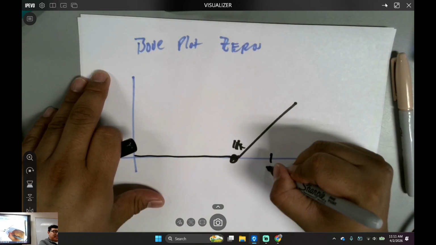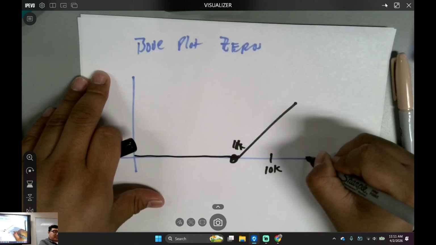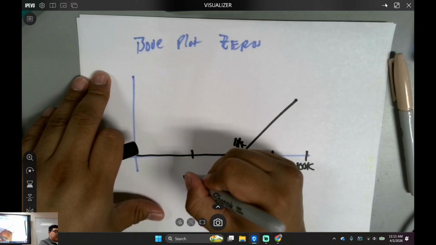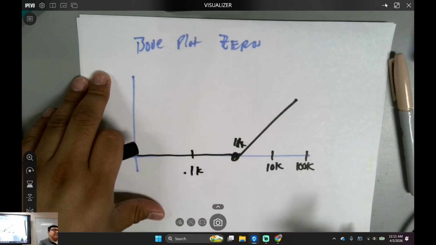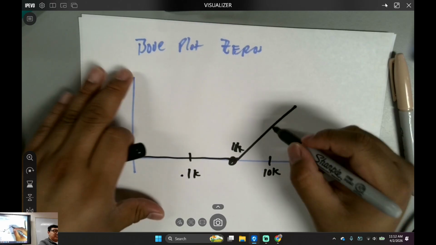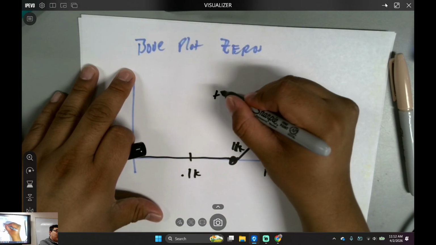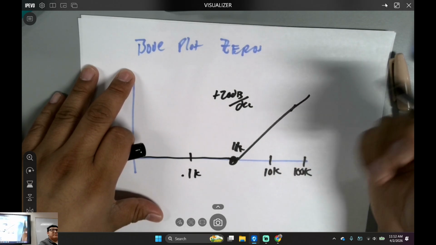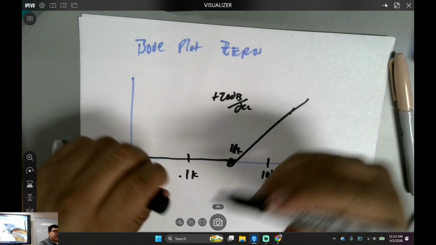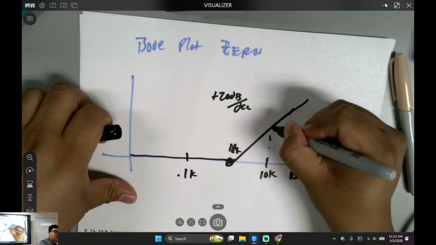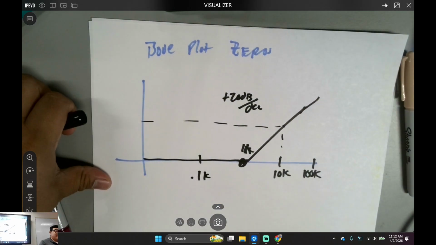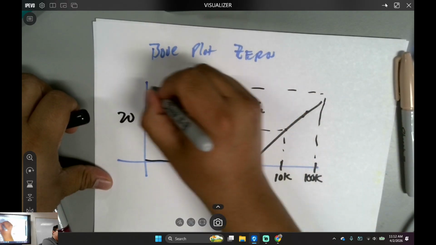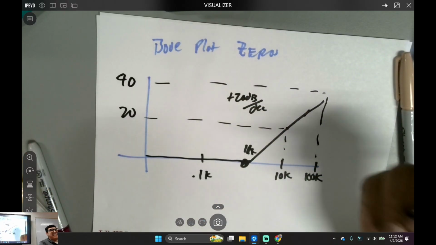This right here is 10K, 100K, and this right here is 0.1. The slope is plus 20 dB per decade. Good with everybody? So what's the value right here? And how about this guy right here? Easy stuff, right?